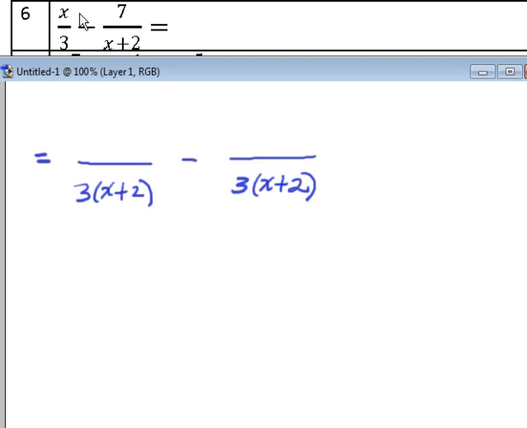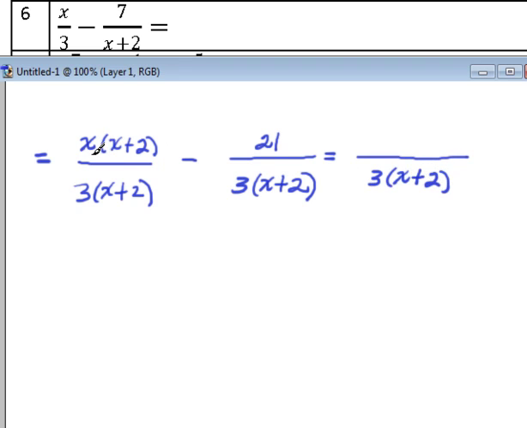All right, we'll have to multiply this top and bottom here by x plus 2. So we have x times x plus 2. And in the second fraction, we have to multiply top and bottom by 3. So we have 3 times 7, or 21 over here. And just combine those two numerators.